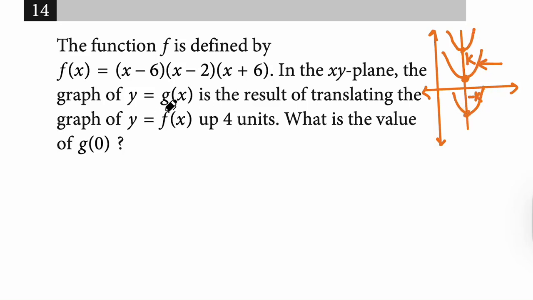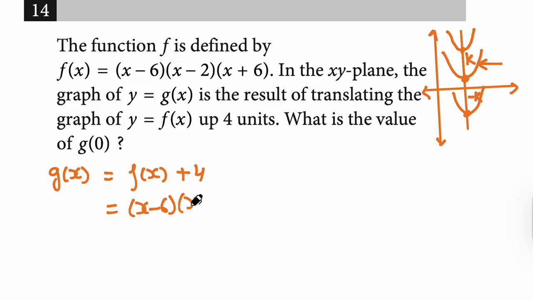Now if you see here that this graph of g(x) is formed by adding 4 to f(x), because f(x) is moving 4 points up, so I have to add 4. And what is f(x)? It is (x minus 6)(x minus 2)(x plus 6) plus 4. So that is the equation for g(x). Now what we have to calculate? g of 0.